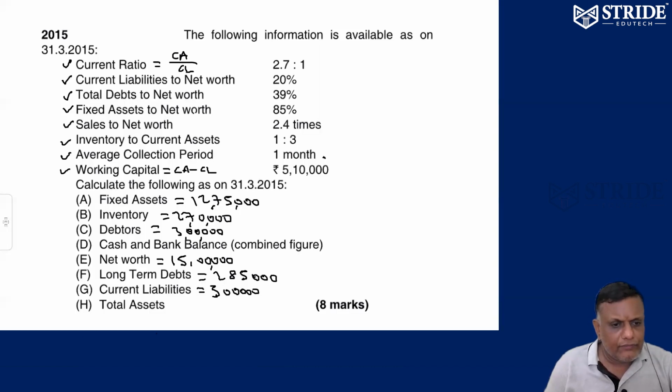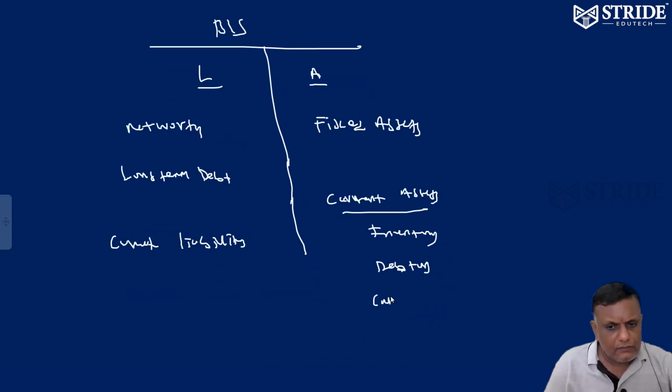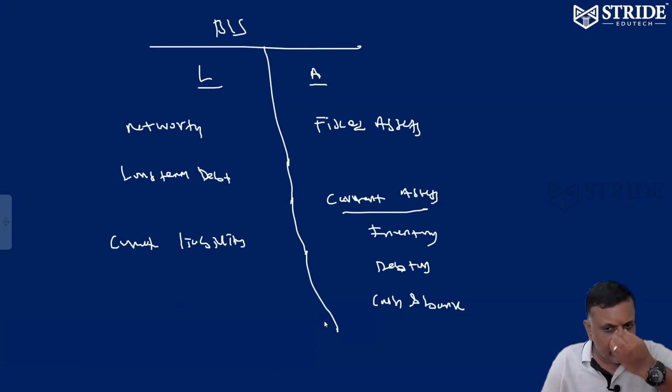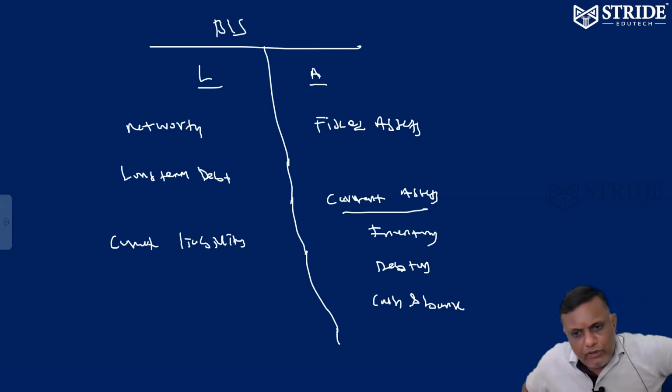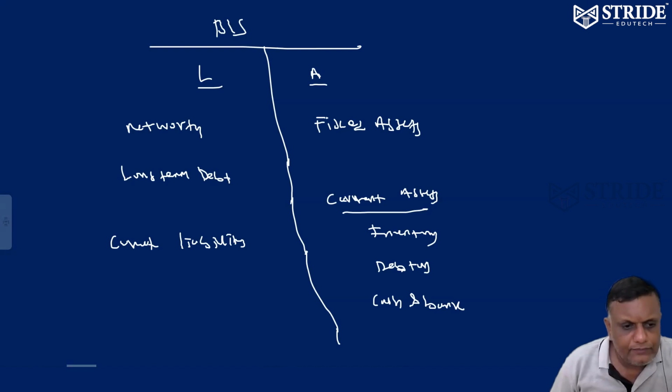Current asset consists of inventory, debtors, cash and bank. That's it. Inventory, debtors, cash and bank. Okay, done.